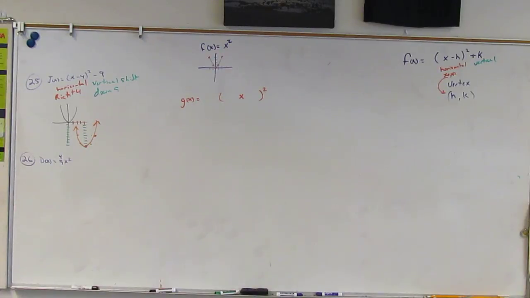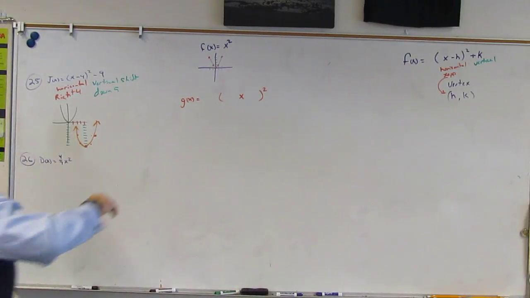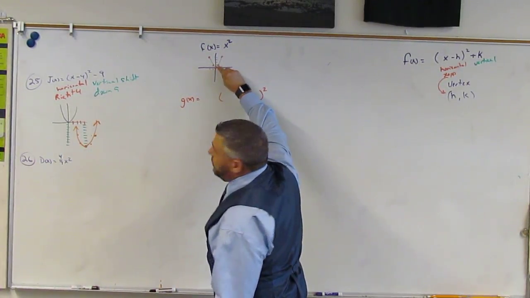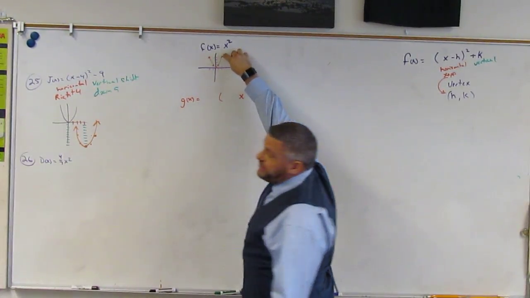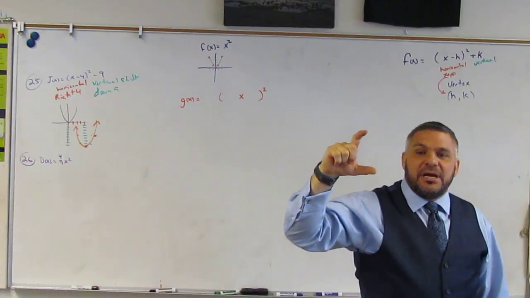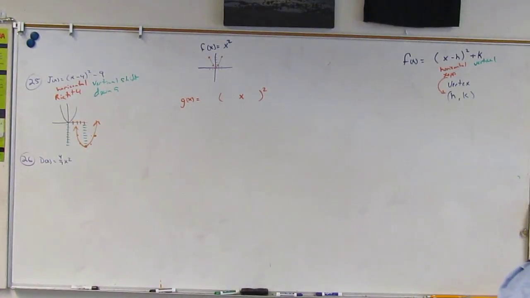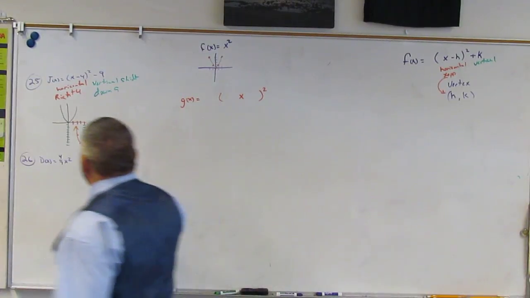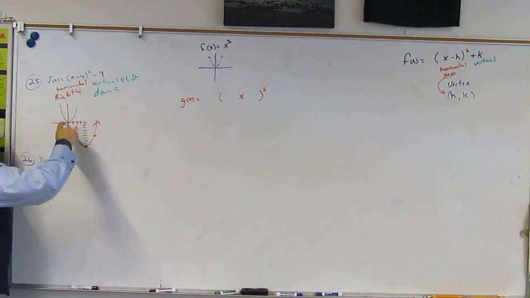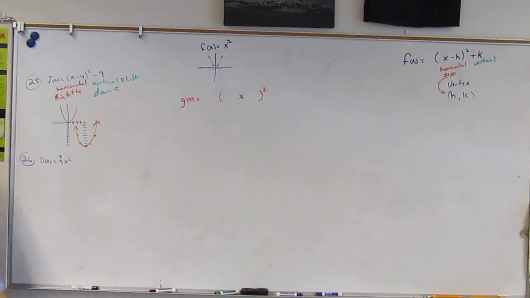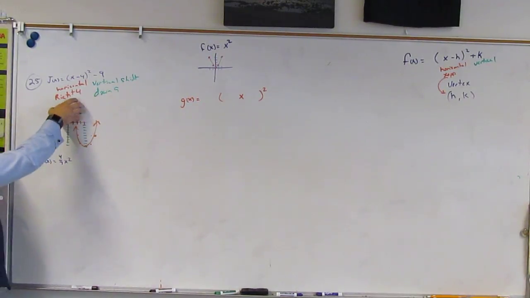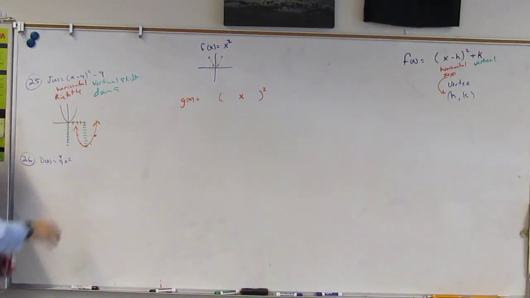So what did you do? I went up 1 over 1, and then I went up 4 over 2, because I took that original f of x equals x squared and I moved it down 9 and right 4, or right 4 and down 9. That's all I did. I picked this up and I moved it.